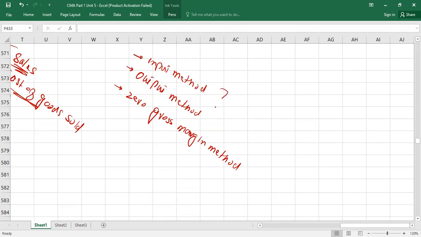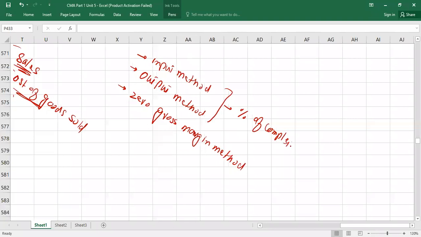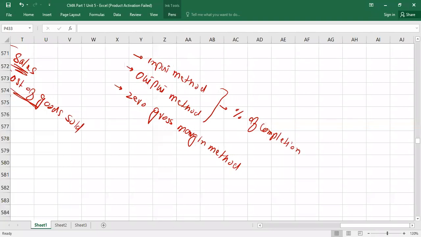In the first 2 methods, we are going to calculate the percentage of completion. For example, if in the first year your project is, let's assume, only 30% completed, it means we will book 30% of the revenue.